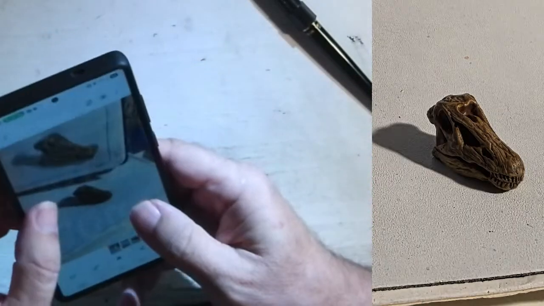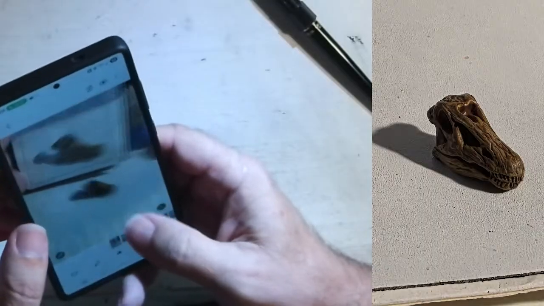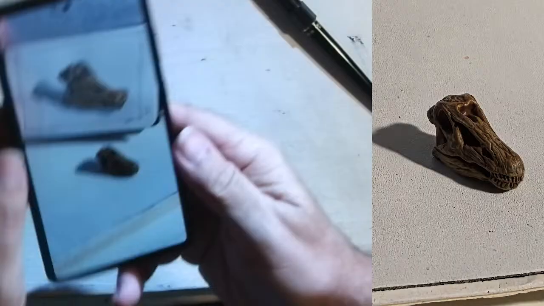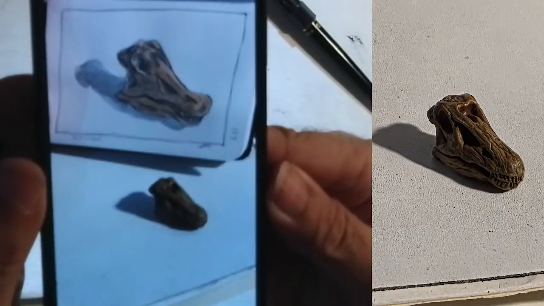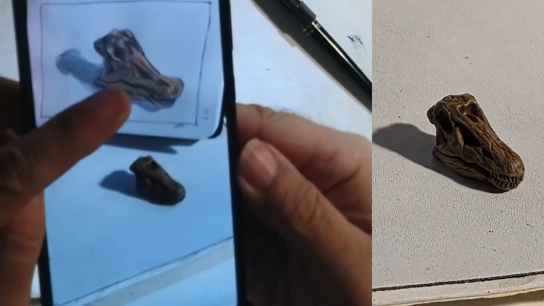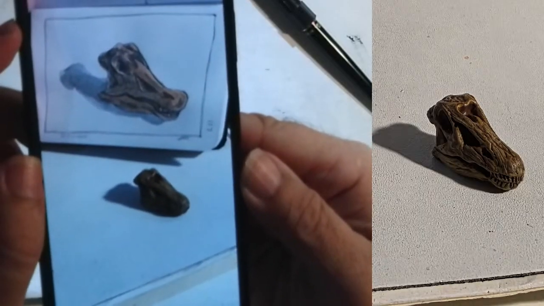Okay, this is it from my perspective. Pretty close to my perspective. This is what it was like from my perspective. Why is that not focusing? Usually that just focuses right on it. All right, so that's what I did today.